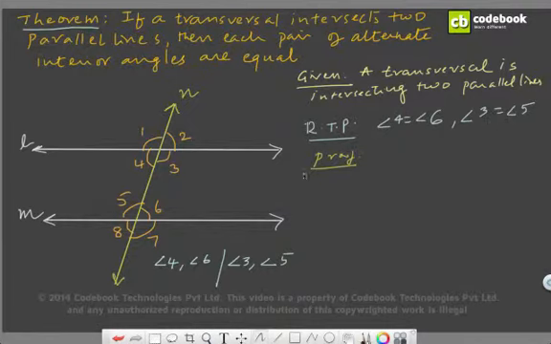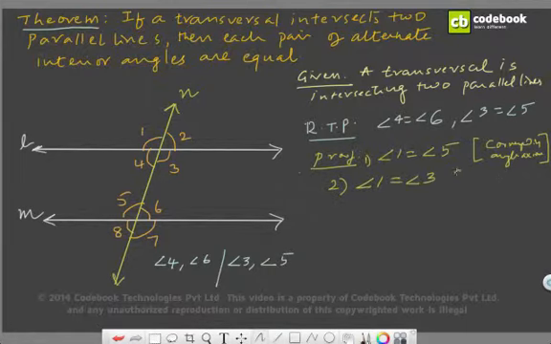So let's prove it. From the axiom of corresponding angles, we know that when a transversal intersects two parallel lines, the corresponding angles thus formed are equal. In this figure, angle 1 is equal to angle 5 based on the corresponding angle axiom. We also know that angle 1 is equal to angle 3 because they are vertically opposite angles.